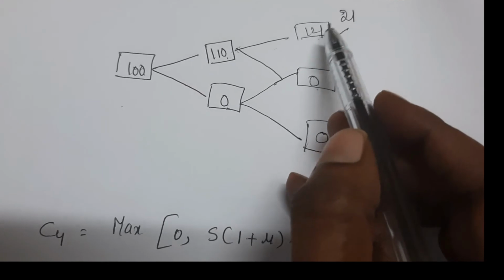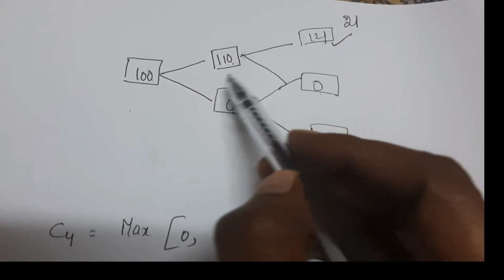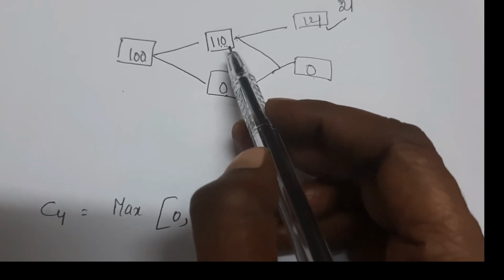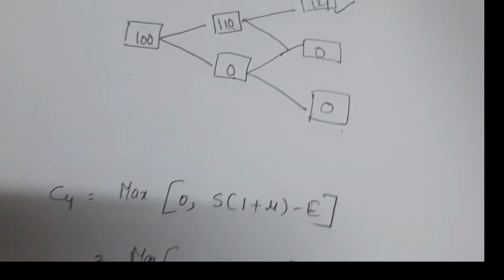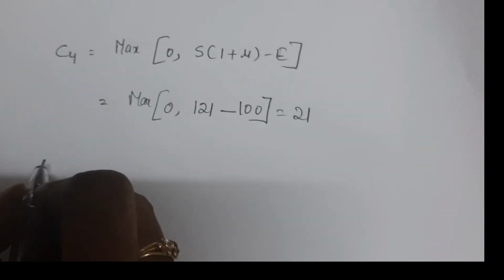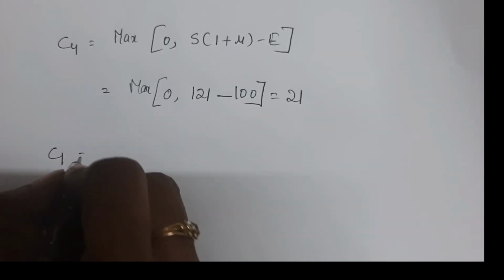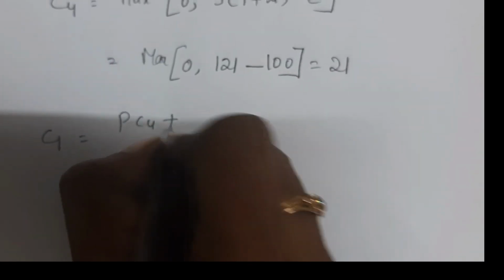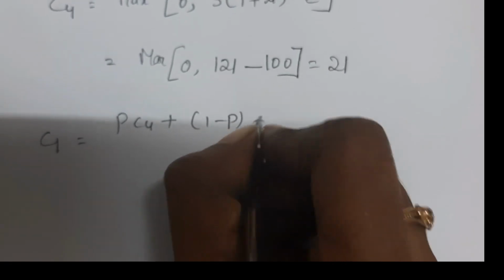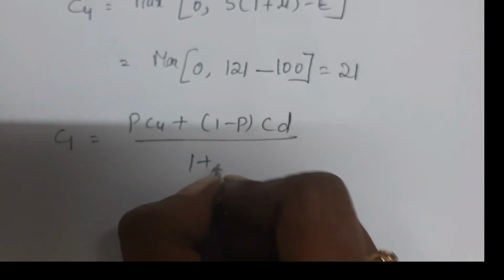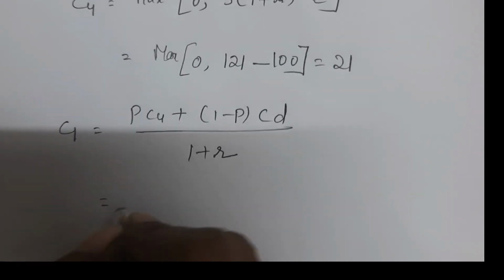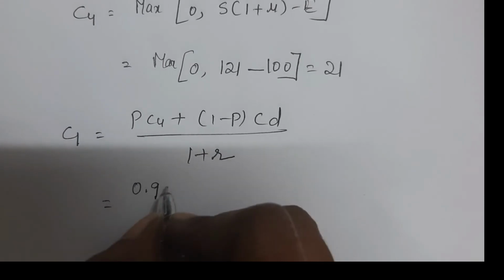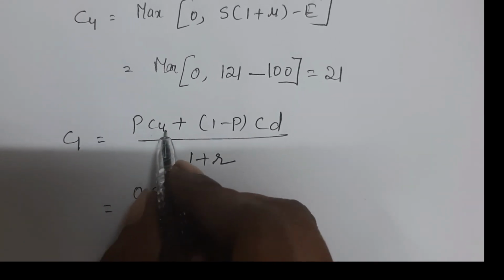Then we need to know the price of the option at the 110 point. To get the exact value, we have one more formula, that is C1 is equal to P into Cu plus (1 minus P) into Cd, divided by 1 plus R. P here is the probability, which we have already calculated, that is 0.9, into Cu.